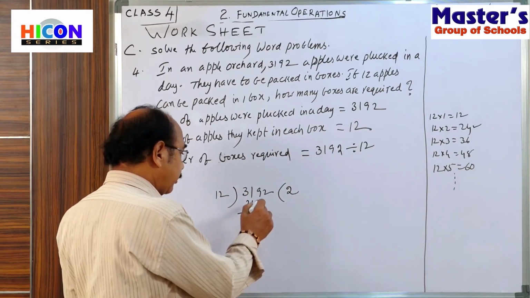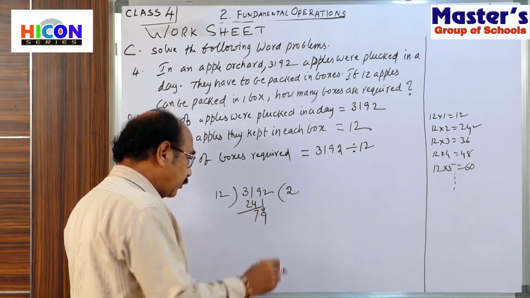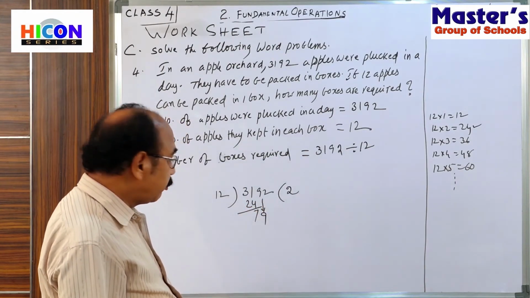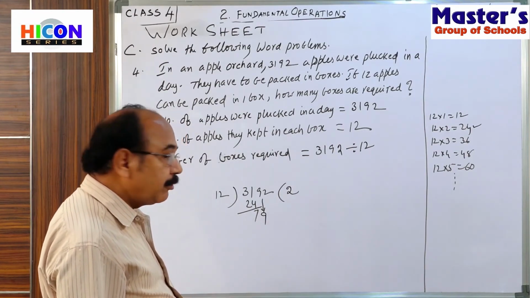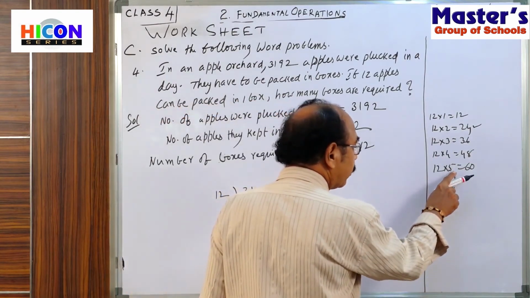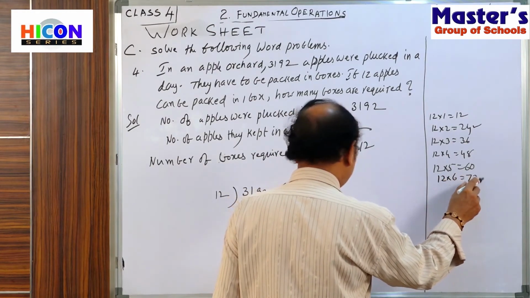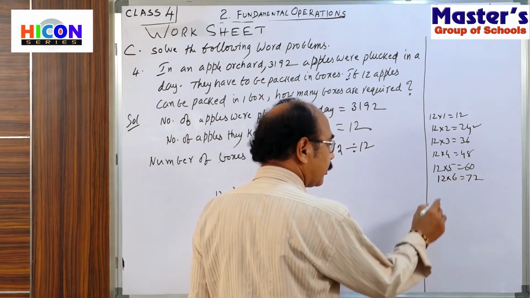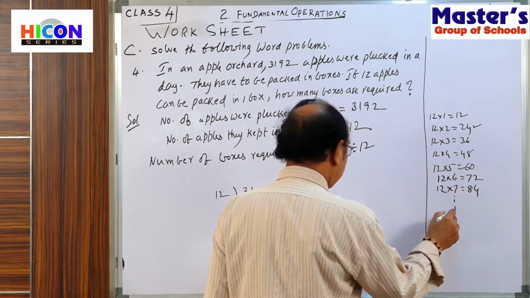7. Now from the dividend, bring down 9. Now the new dividend is 79. Now you see in 79 how many times. If you continue the table, 12 fives are 60, 12 sixes are 72, 12 sevens are 84, and so on.